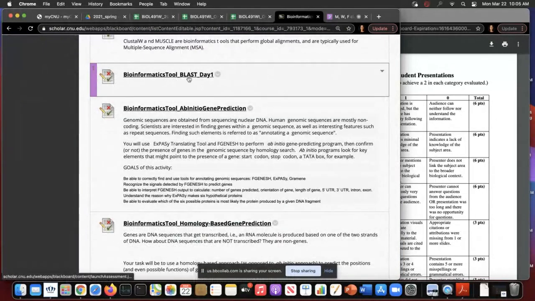On this day here, I would give you a DNA sequence and I would ask you, what is this sample? And the example I gave you was a real life example, which is we got a virus sequence and we don't know what this virus is. And then we take that sequence, we throw it into BLAST, and we figure out what that organism is.